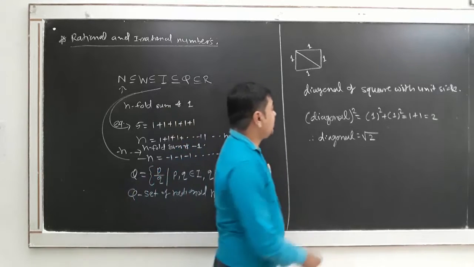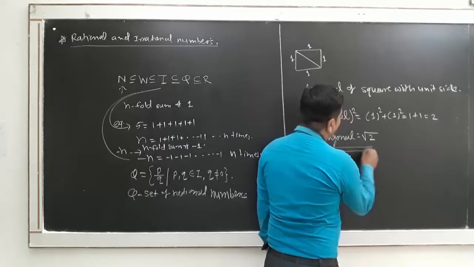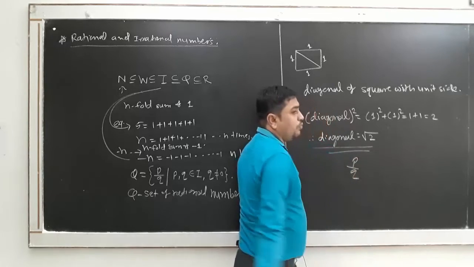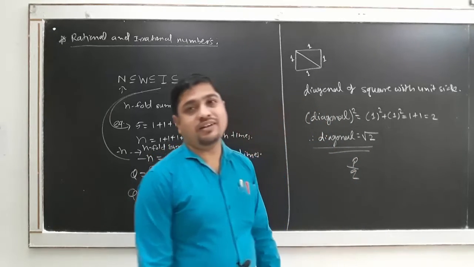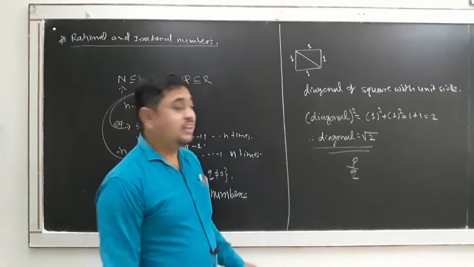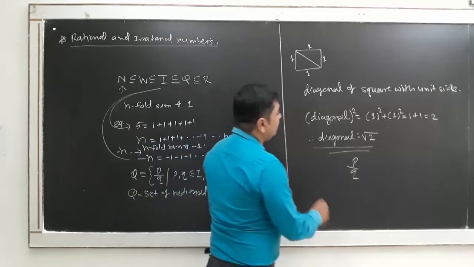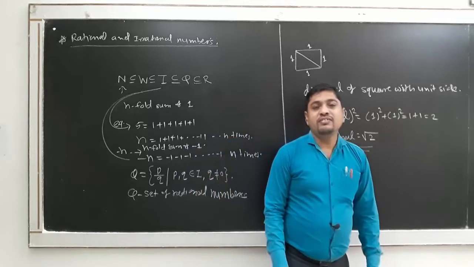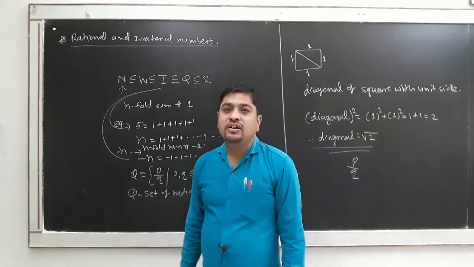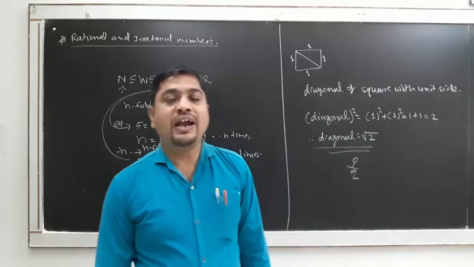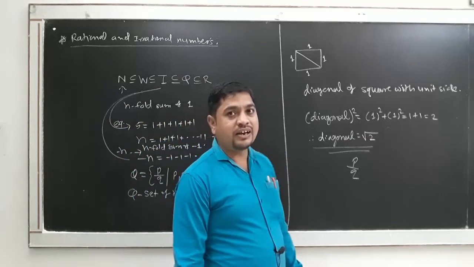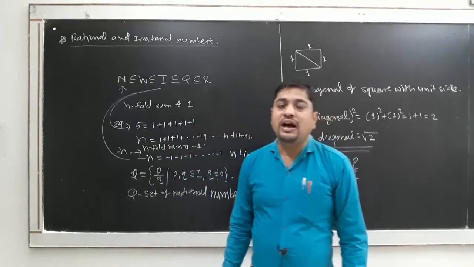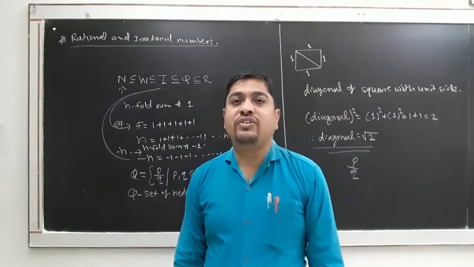That is, this cannot be written in the form p by q with p and q integers and denominator non-zero. So there are some numbers that are not rational numbers, and these numbers which are not rational are called irrational numbers.